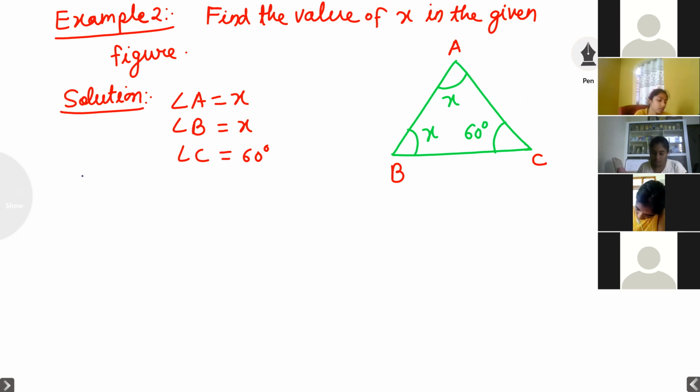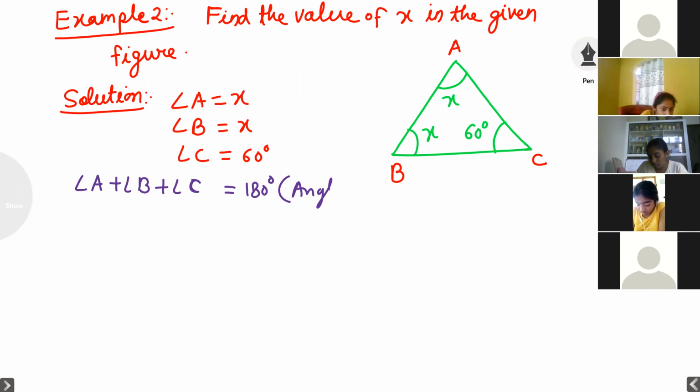Angle A plus angle B plus angle C is equal to 180 degrees. Angle sum property of a triangle.